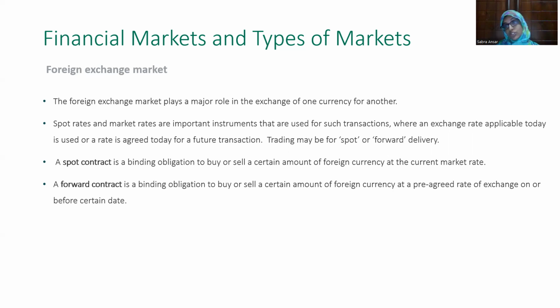Due to globalization, obviously there's a lot of trade happening between countries. While the payment or any kind of transaction happens, obviously there should be an exchange of currencies. So this exchange of currencies happens in the foreign exchange market. So the foreign exchange market plays a major role in the exchange of one currency to another.